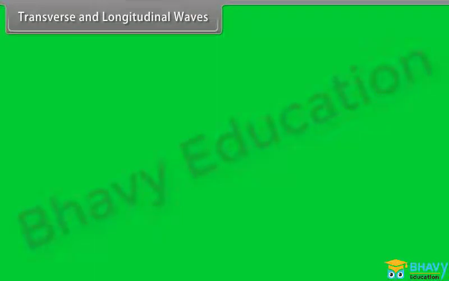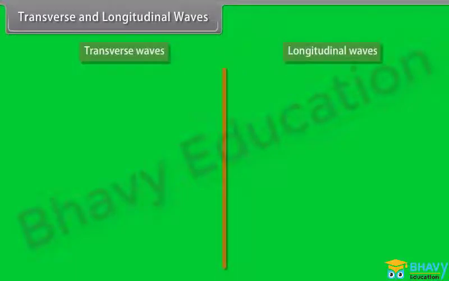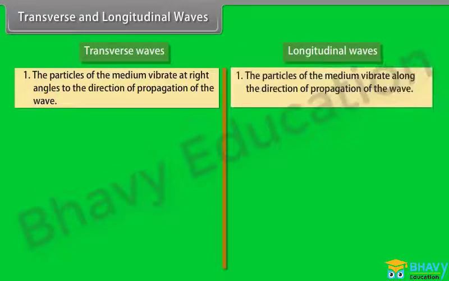Transverse and longitudinal waves. Let's make difference between transverse waves and longitudinal waves. Number 1. In transverse waves, the particles of the medium vibrate at right angles to the direction of propagation of the wave, whereas in longitudinal waves, the particles of the medium vibrate along the direction of propagation of the wave.